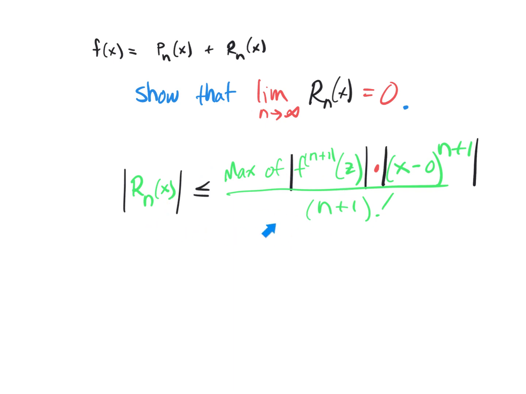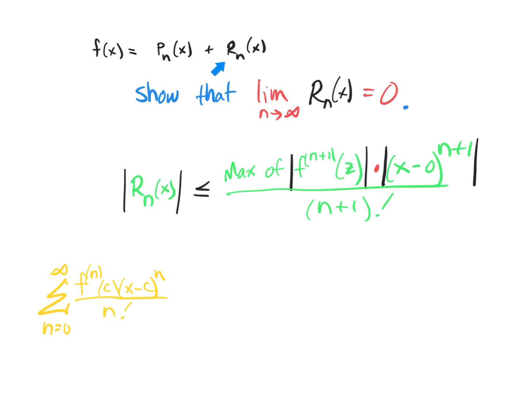Recall that this seems complicated, but it just comes from the Taylor polynomial formula, where the nth degree Taylor polynomial stops after the nth degree term. The first unused term would be the n plus 1th degree. So the n plus 1th derivative, x minus c to the n plus 1th power over n plus 1 factorial.